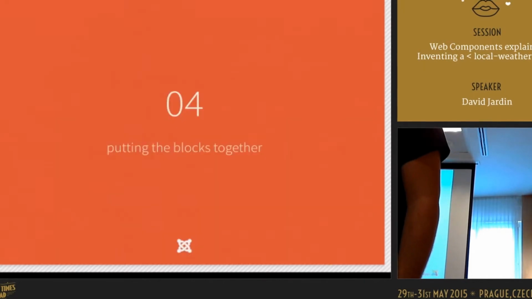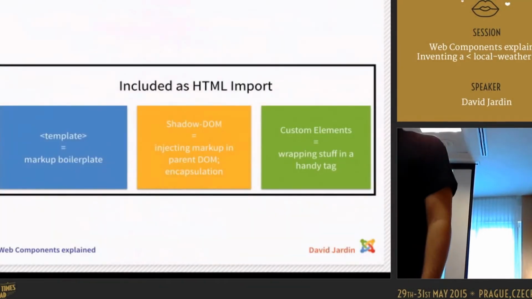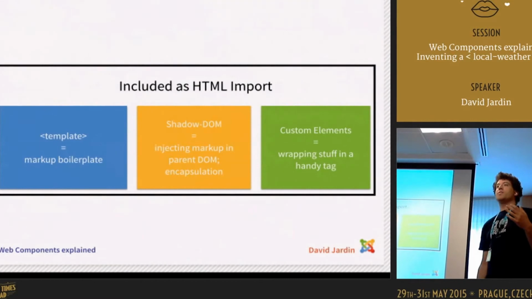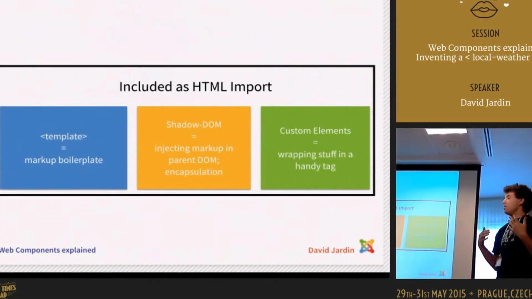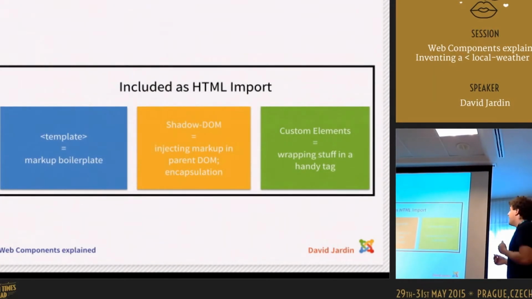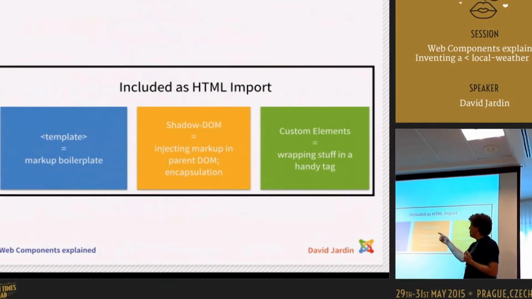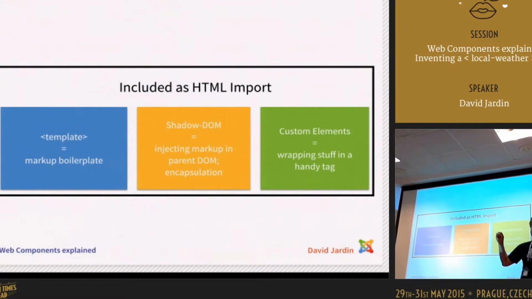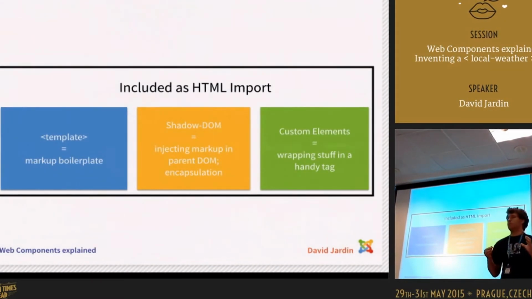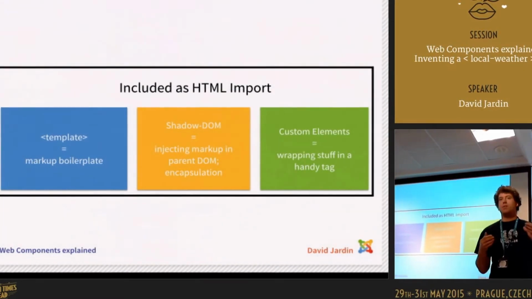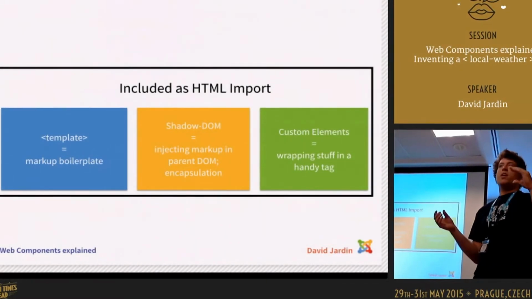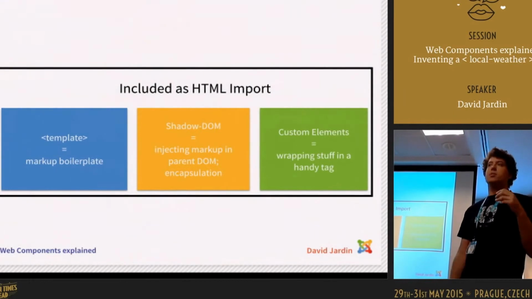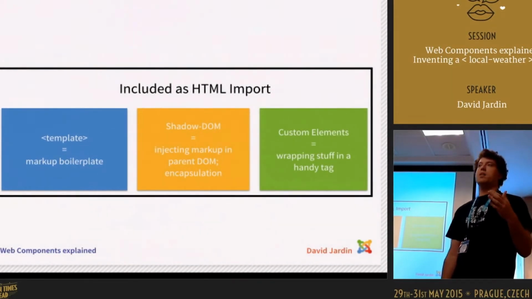And so when we start putting those blocks together, we get web components. Web components is not one single technology, but it's built out of these building blocks. We have the template tag, which has the markup that we're using for our widget. For example, when we come back to the Google Maps example, we would probably have just an empty div container, because that's all the Google Map API needs.